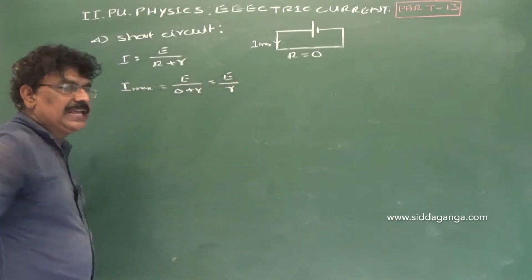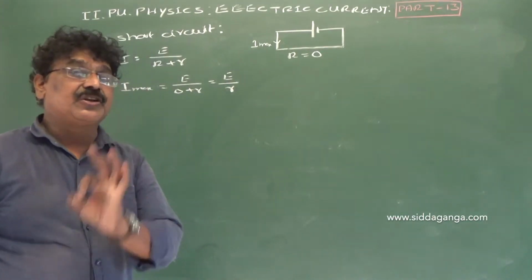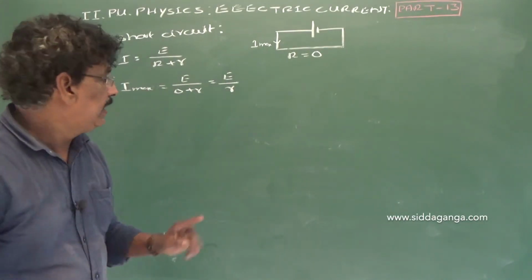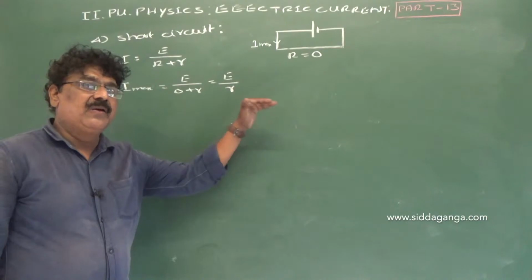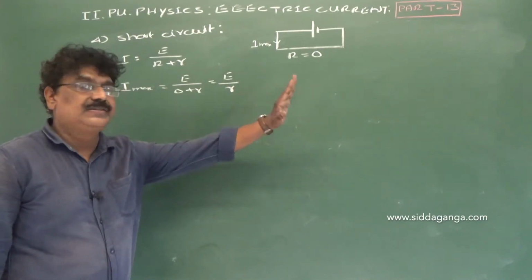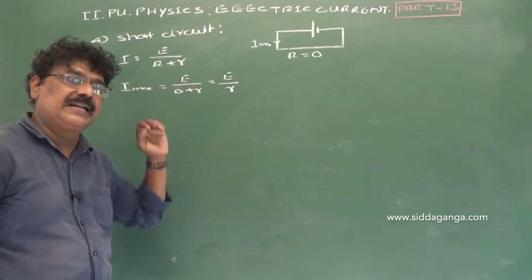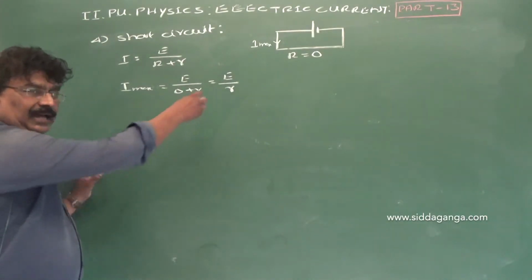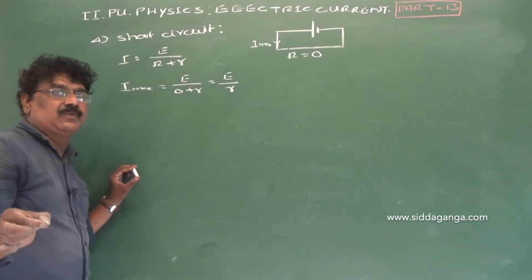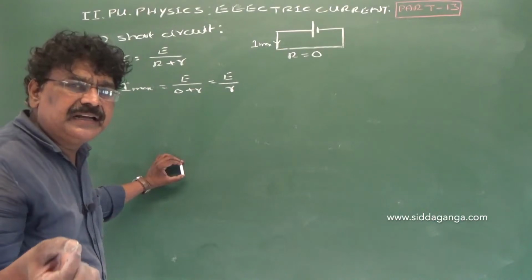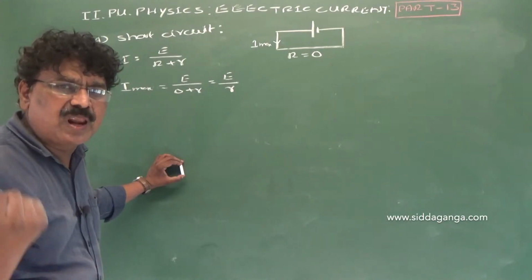So, a cell gives a maximum value of current when it is short circuited. A single cell I am talking about. A cell or a battery gives maximum current when it is short circuited, when the external resistance is 0. Since the internal resistance is very, very small, the current is maximum. So in the case of domestic AC, the voltage is 220 volt. If it is short circuited, the resistance is 0, so 240 divided by 0, almost infinity.